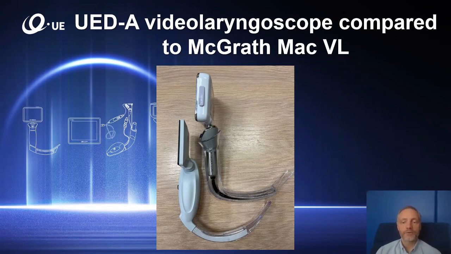This may also have some influence on clinical performance, because intubators who are familiar and trained with the typical Macintosh blade laryngoscope potentially may learn faster how to use a video laryngoscope that is more similar to it.